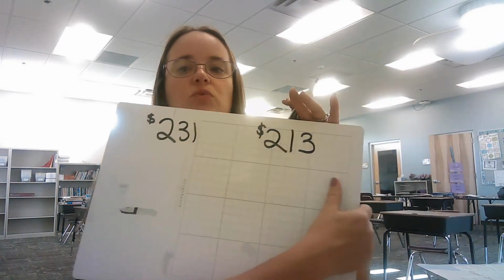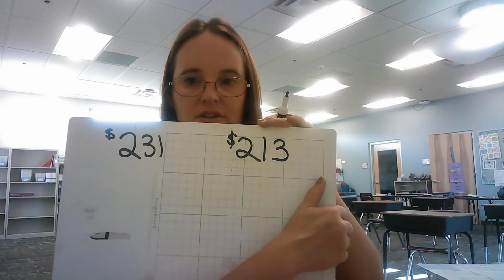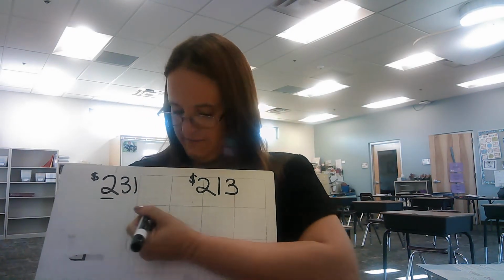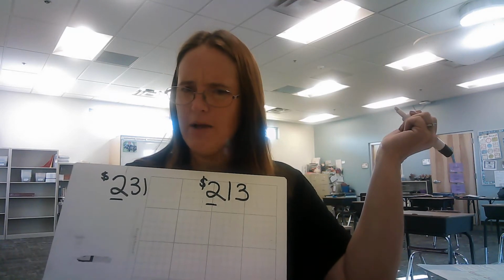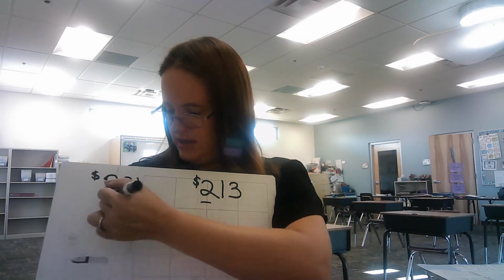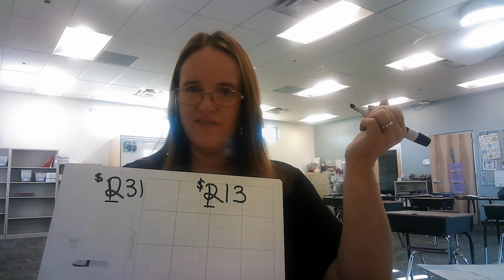Okay, our next problem says, which is greater? Looking at the 2 that we just did, we did $231 and we did $213. And the question is, which is greater? So make sure that you're looking at the hundreds place first. We have 2 and 2. Does that help us out? No, they're the same. Might even want to cross them out to show they're not very helpful.